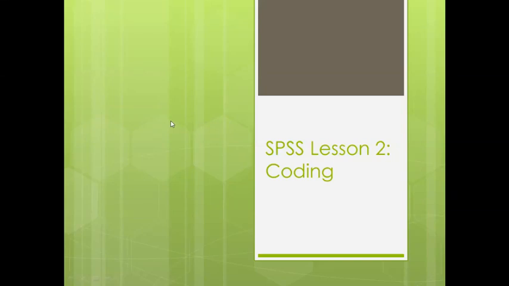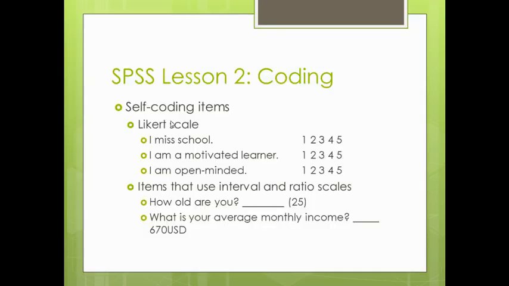In this lesson 2, we continue to code data for quantitative research. So we learn how to code what we call self-coding items. I have two examples for self-coding items.